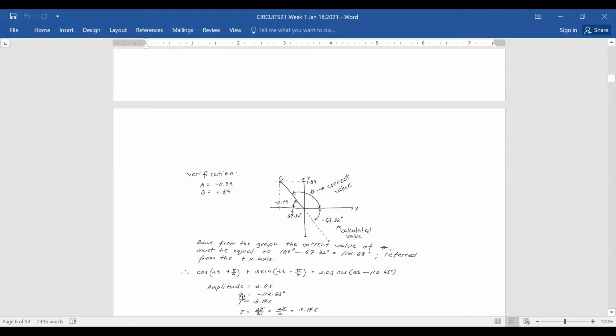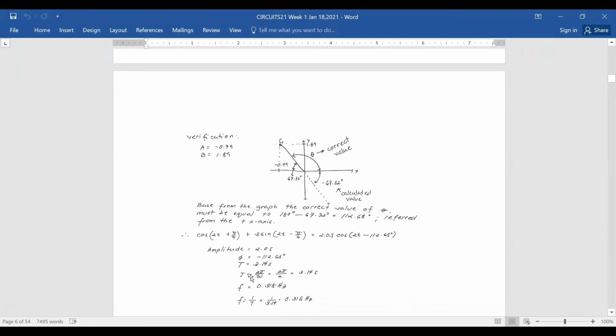So that's why our theta here is negative, not positive, because of the formula or the identity of A cosine omega t plus B sine omega t equal to capital C sine of omega t minus, not plus, theta. So that's why our answer here for the phase angle is negative 112.68, not positive 112.68.